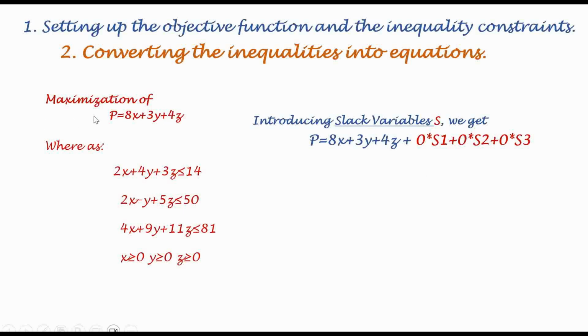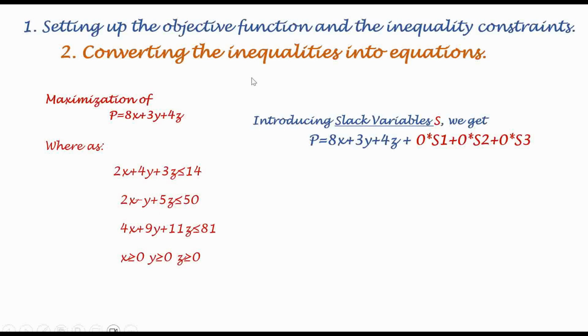This one is already an equation and there is no need to add slack variables, but there we need slack variables, and there will be 3 slack variables. There will be one, there will be one, and there will be another. Those three are different from each other because each inequality is different.